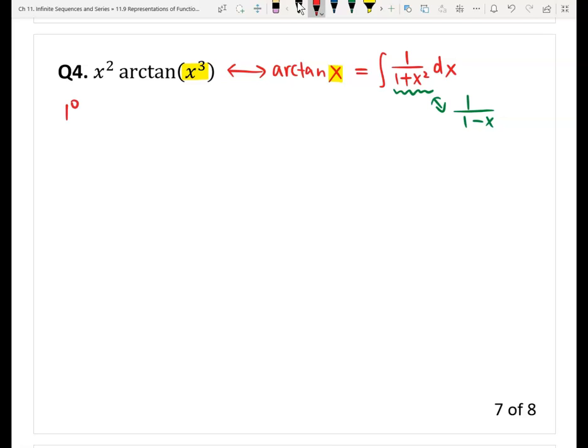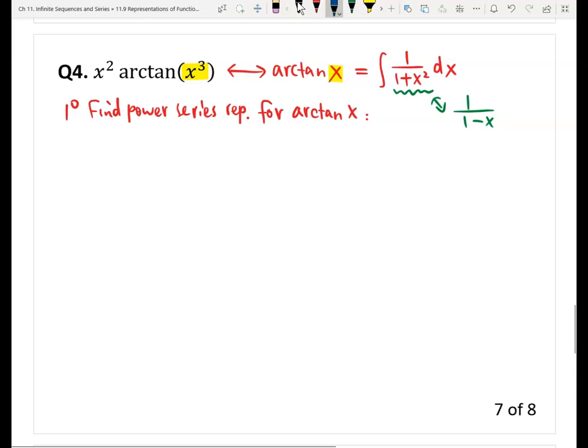So first, we find the power series representation for arctangent, which is the inverse tangent. How to do it? We already showed, so all we need is directly. Arctangent x is the antiderivative of 1 over 1 plus x squared, right?